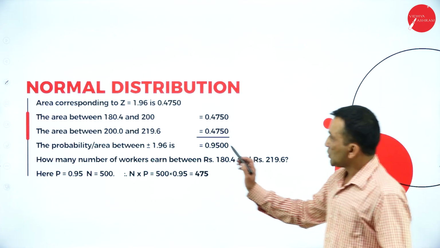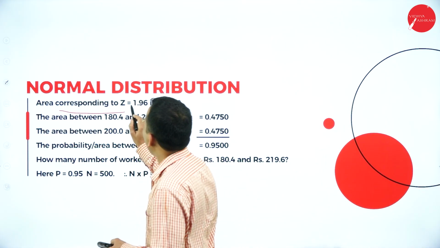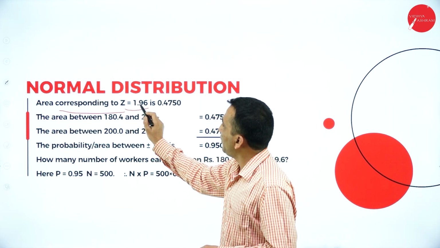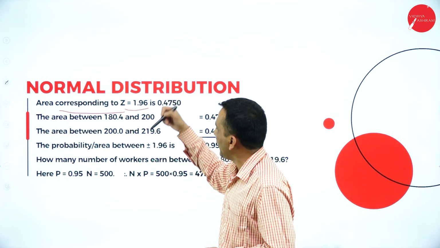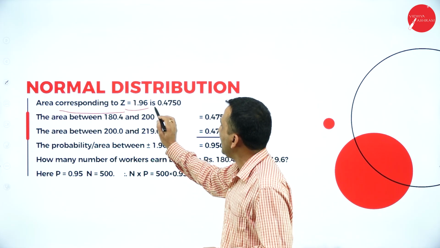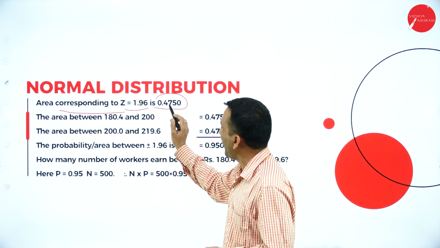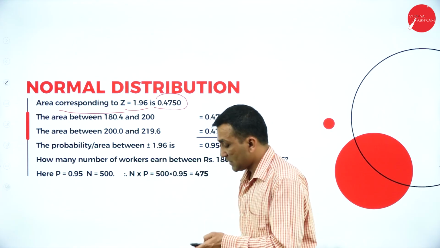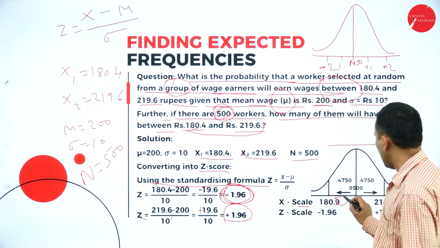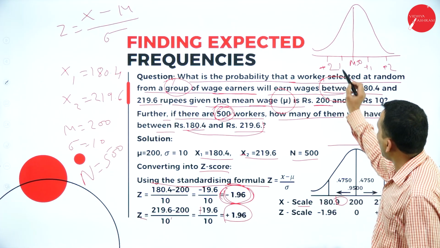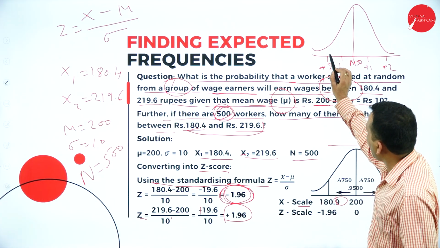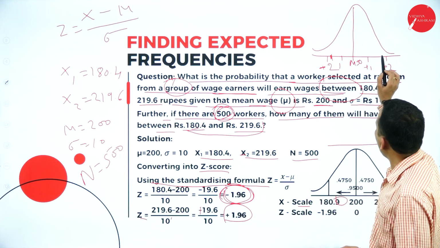So corresponding to the Z value 1.96, we again refer to the table. The value is 0.475. See, the first value 1 and the second, 1.96, are located on the left side, and on the right side also.